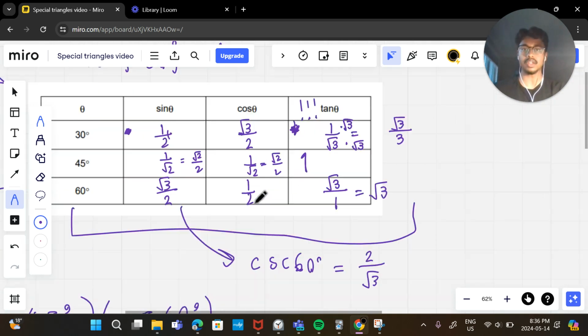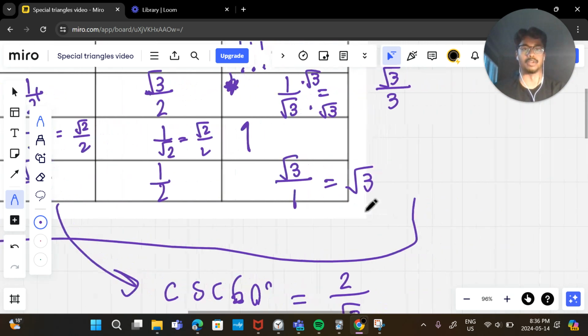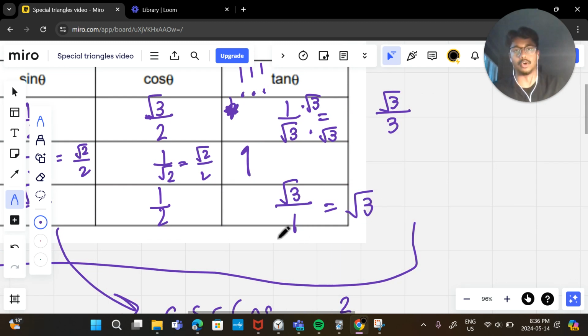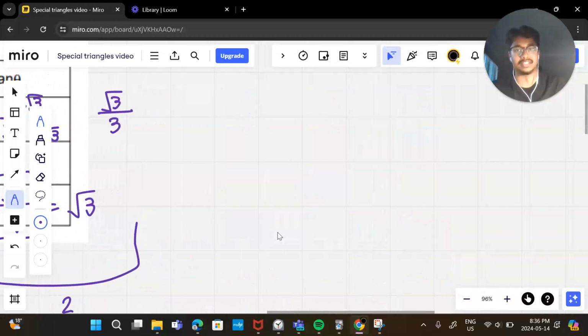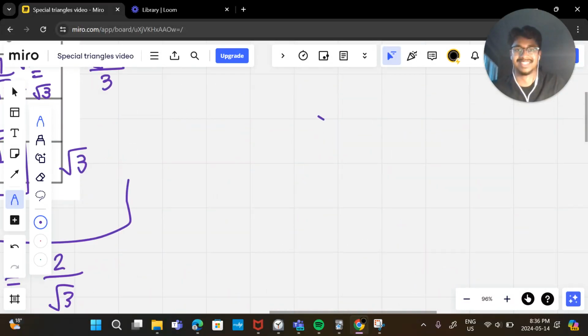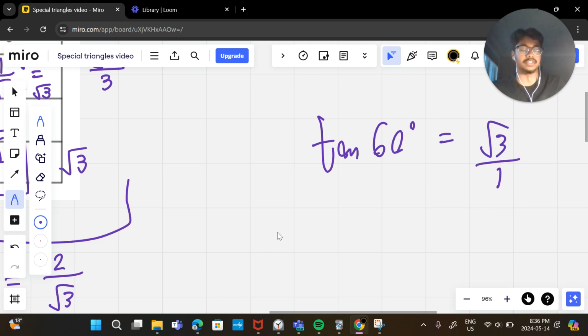If we refer back to our chart, we know that square root 3 is tan 60. So tan 60 is equal to square root 3.